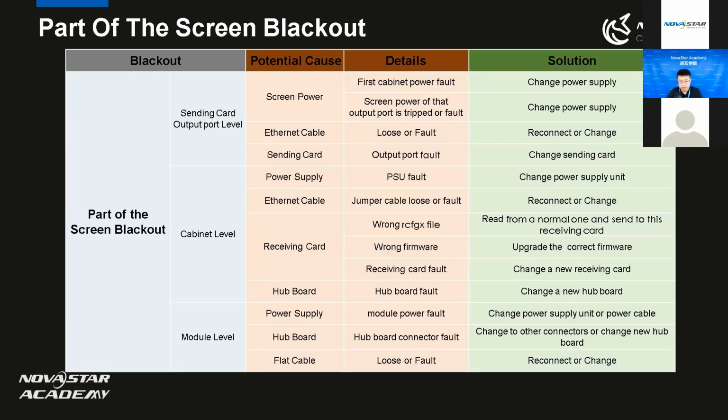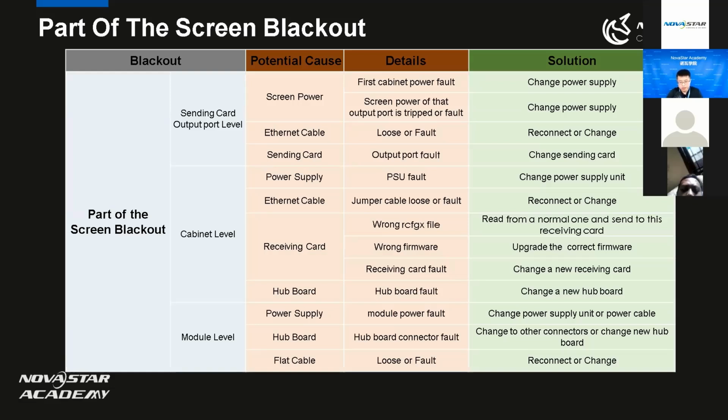First, check the screen power. And you can maybe switch the power supply, or reconnect the power supply. And the second one is the Ethernet cable. Try to check if that is loose or faulty.